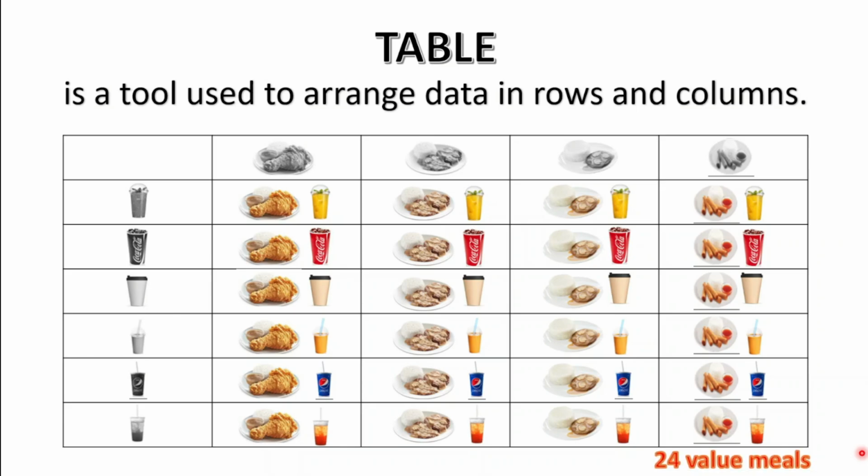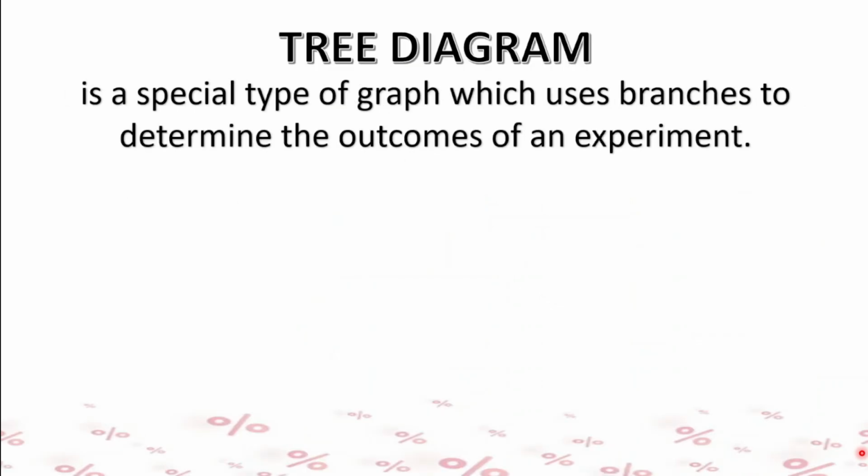Now, another way of counting the number of occurrences of an outcome in this event will be by the use of tree diagram. Tree diagram is a special type of graph which uses branches to determine the outcomes of an experiment. And just like with the table, we have a keyword here, and that's the word branches. Because like an actual tree, a tree diagram uses branches in its presentation.